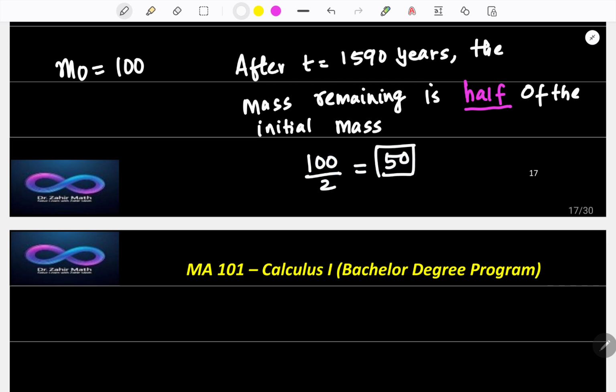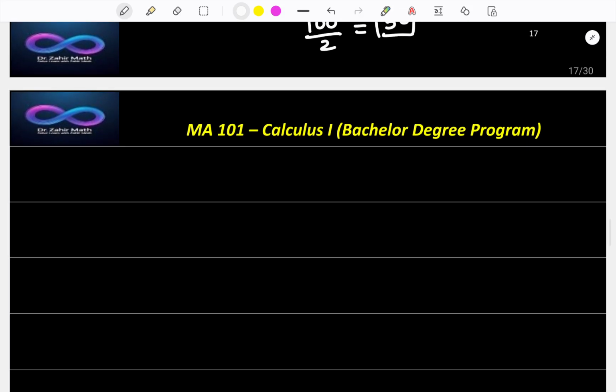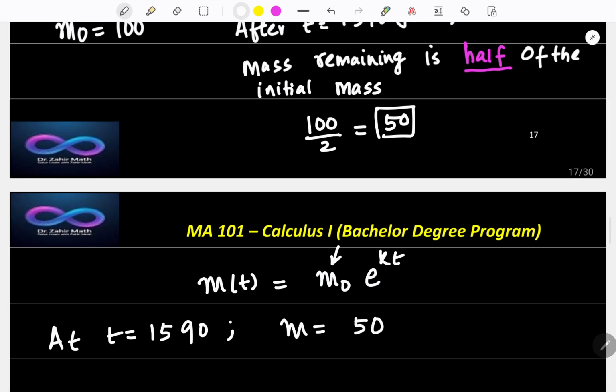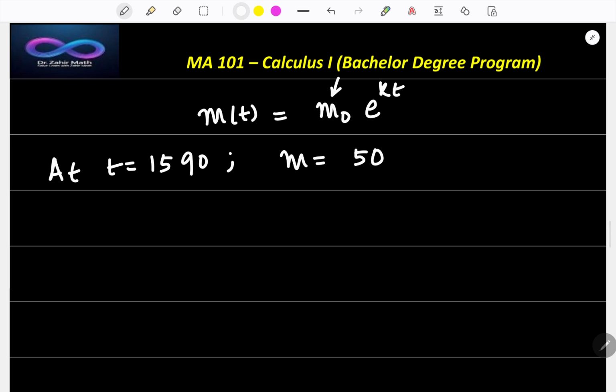Okay, everybody? Clear, all of you? Right. Now keep this one in your mind. So at 1590, it is going to become 50. Now let's go back to the question. m of t is equal to m naught e power kt. First I have to find this m naught. At time 1590, your mass is 50, which I just calculated as half. So this is your equation 1.